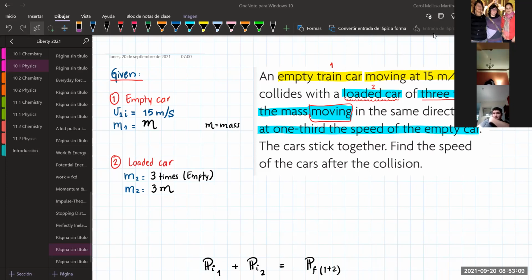So we need to translate that whole sentence into an algebraic expression. 1/3 is a fraction, so you can write 1/3 like this. The speed of the loaded car is 1/3 the speed of the empty car. I can write it in words like this, but then I need to substitute.